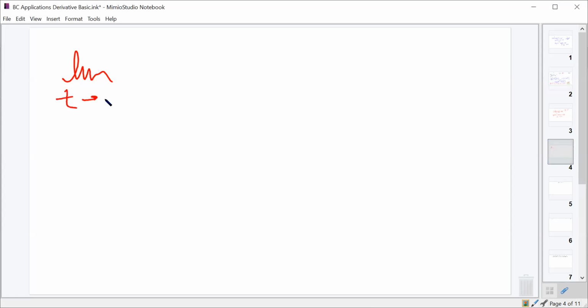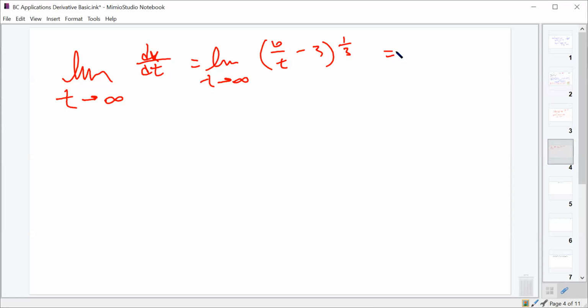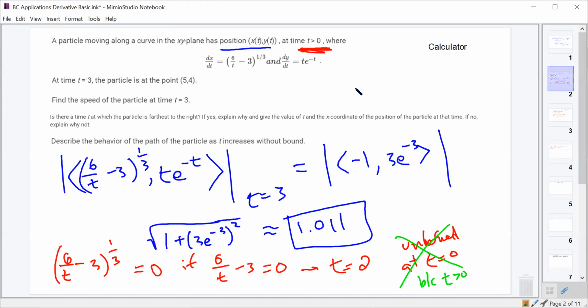So let's take a look at the limit as t approaches infinity of dx dt. So this is the limit as t approaches infinity of 6 over t minus 3 to the 1/3. And as t goes towards infinity, what is this approaching? Six over 2 minus 3 to the 1/3, yeah.